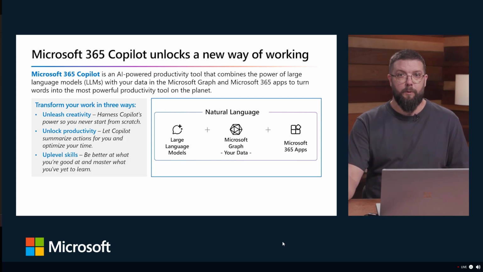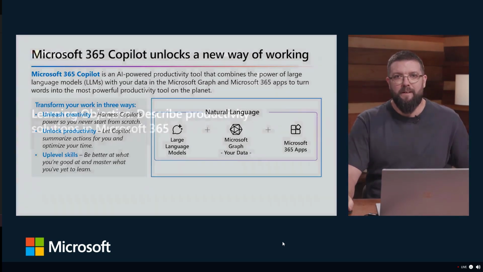So to turn your words into one of the most powerful productivity tools on the planet, it essentially works alongside Microsoft 365 apps like Word, PowerPoint, Outlook, Teams, and Copilot just provides real-time intelligent assistance, enabling users to enhance their creativity, productivity, and skills. So, unleash your creativity, harness Copilot's use. It's definitely something interesting.